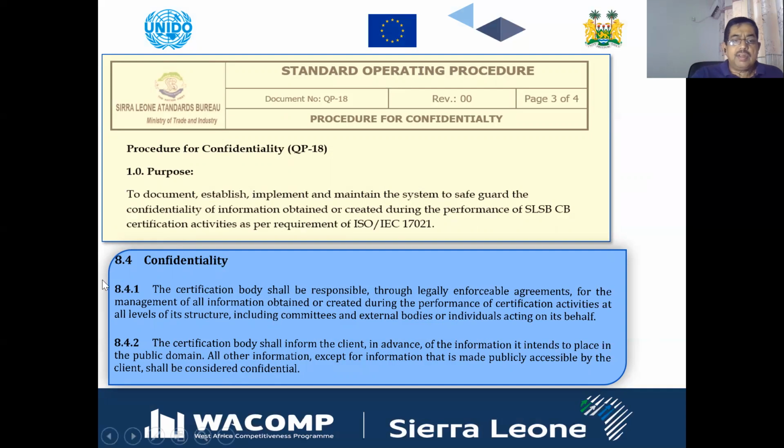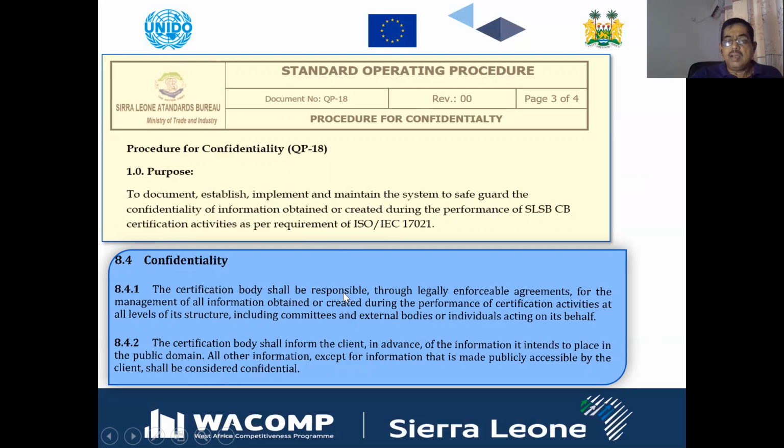So if you read this 8.4 clause from the standard ISO 17021 and then you read this QP21, you will understand what this confidentiality means.